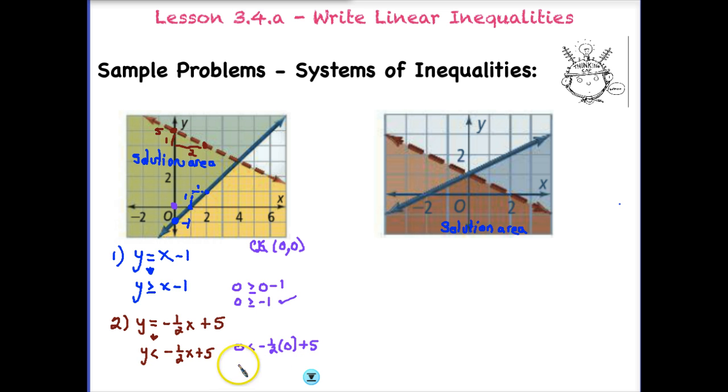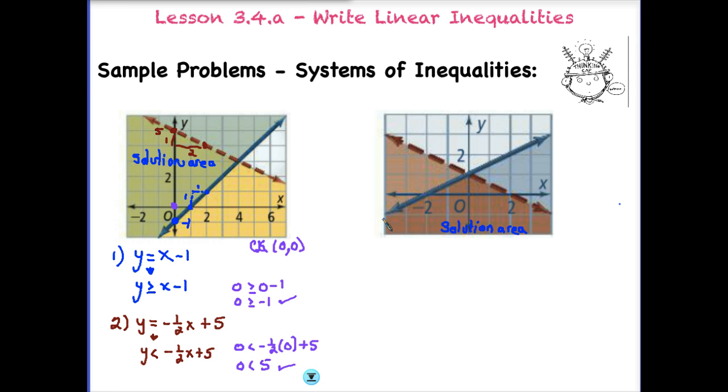Well, anything times 0 is just 0, so 0 has to be less than 5, and it is, and that checks out. So see how nice it is. Anytime you can use the point 0, 0, it's a nice point to use because then you don't have to do as much math. Okay, let's move on to our final example here.